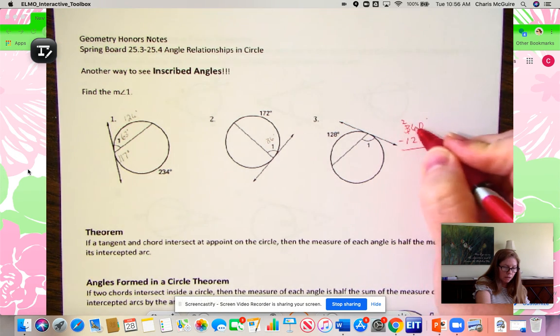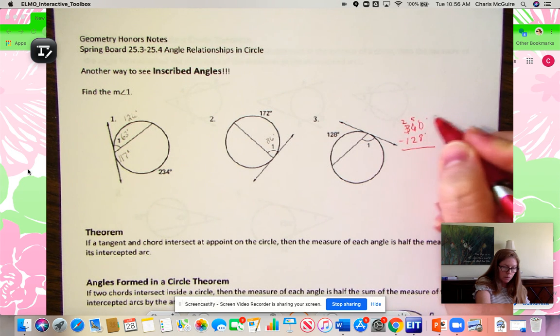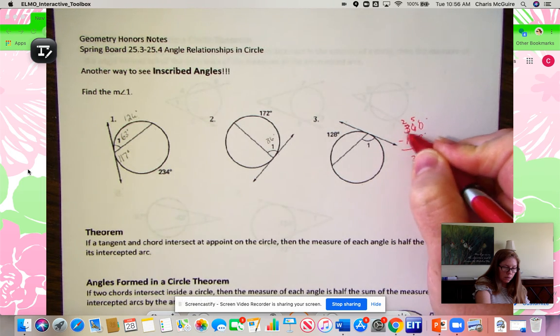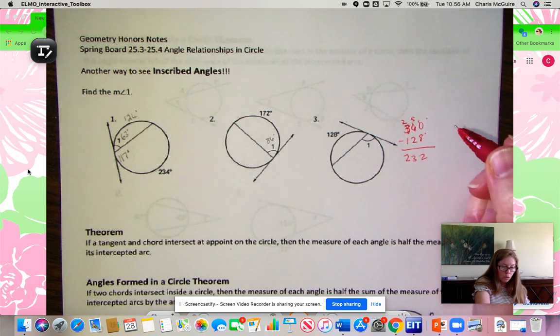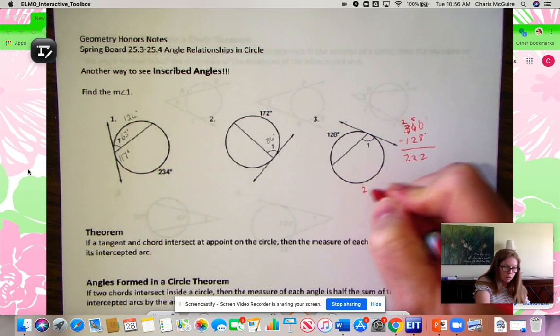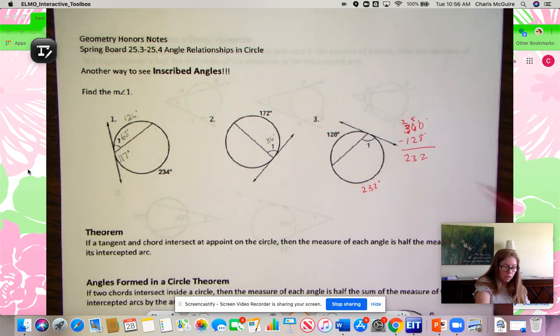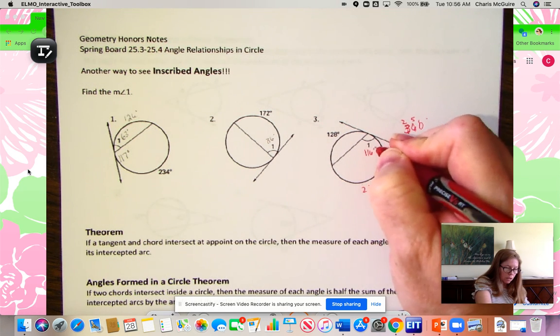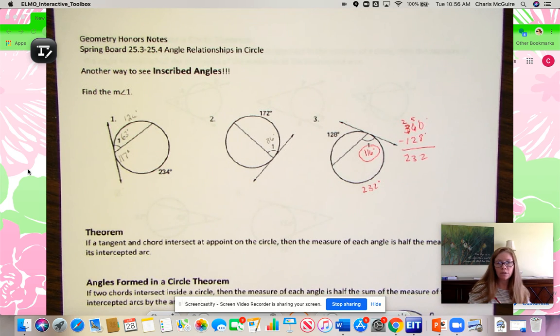Oops, I didn't need to do that, did I? Oh, this is wire. So I have 360 minus 128 is 232. So the rest of the circle, this arc over here, has a degree measure of 232. And then to get angle 1, we're just going to divide that in half, which is 116 degrees. That would be your final answer.